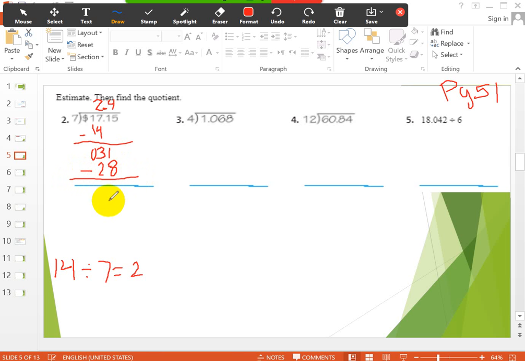Now 1 minus 8, I can't, so I will borrow from the 3. This will be 2. Very easy. And I will take this 1 and put it next to the 1. It will be 11. I will write it here, girls. Now 11 minus 8 equals what?